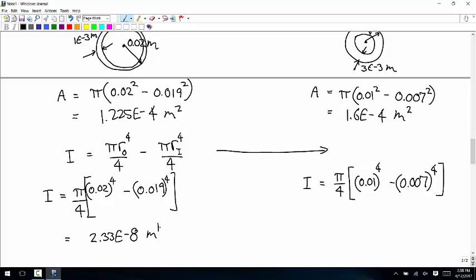Yep, meters to the fourth. And now for this one, 5 point, so let me write that as 0.597 times 10 to the minus 8 meters to the fourth.